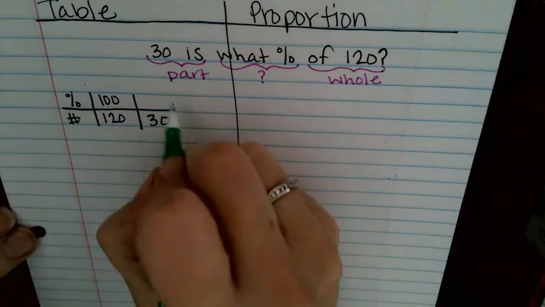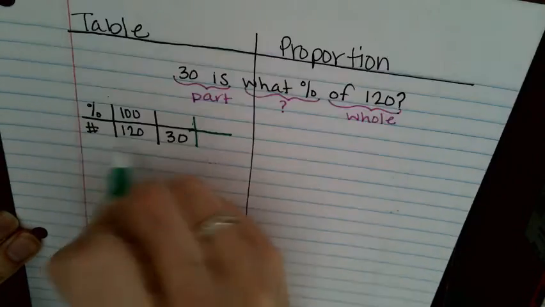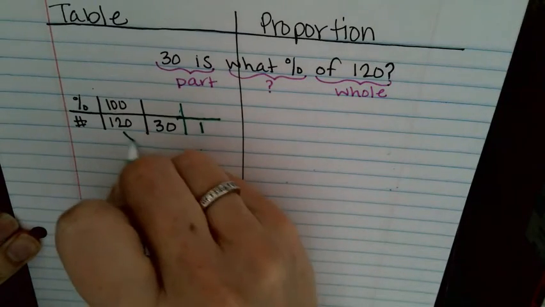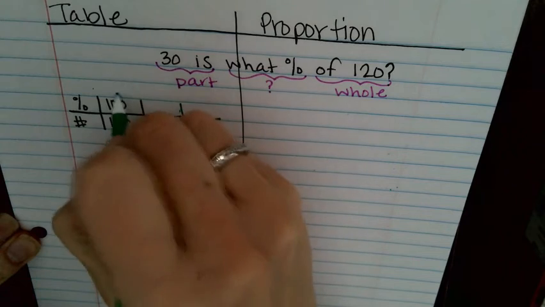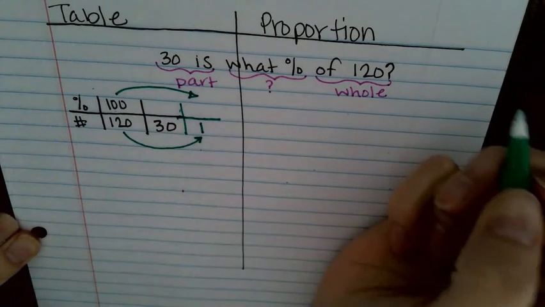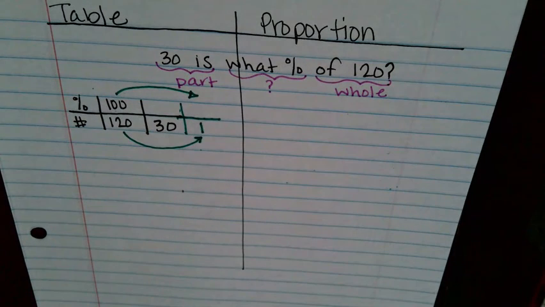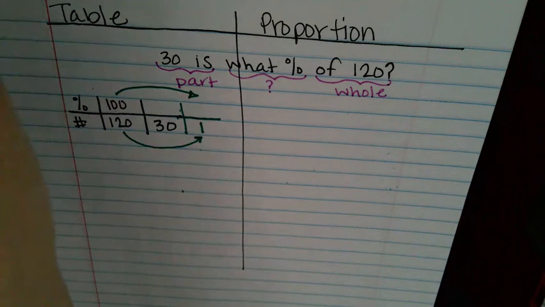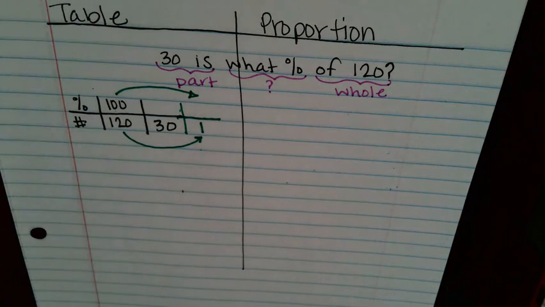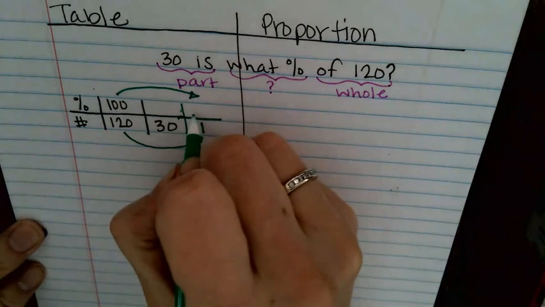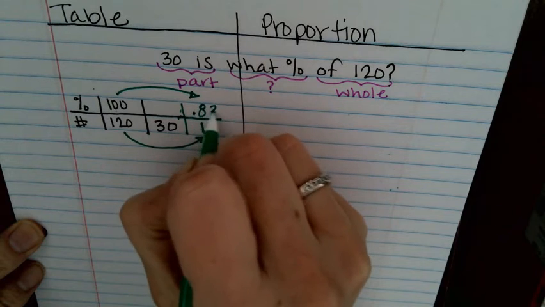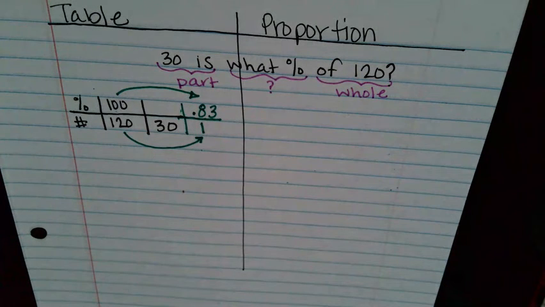Or I can say, hey, I've got all these numbers down here. I could find 1 by dividing by 120. Okay, and I could do 100 divided by 120. Go ahead and put that in your calculator and tell me what you get. What am I doing? And you get roughly this, right? Okay.